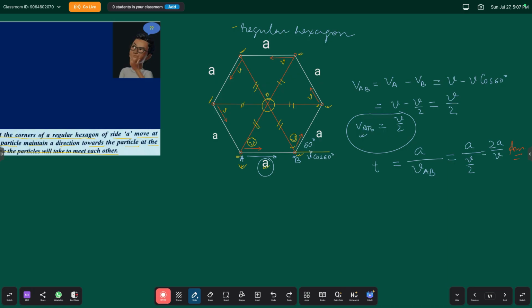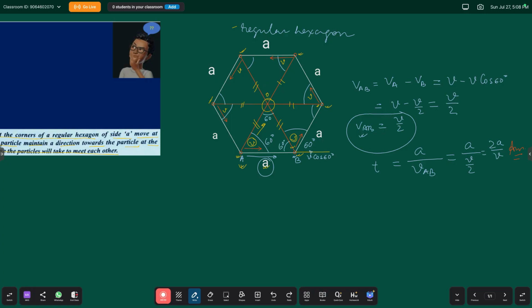And what will be the direction of the component of velocity along this? Since it is a hexagon, this angle will be 60 degree, and similarly all will be 60, 60, 60, 60. This angle also 60 degree.